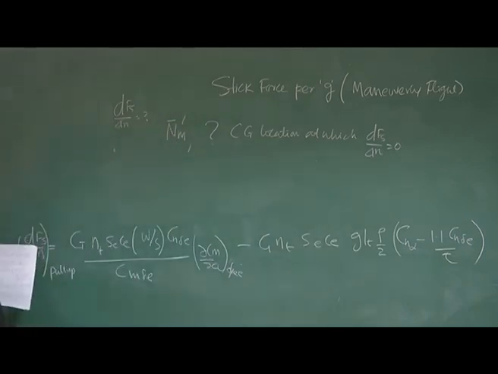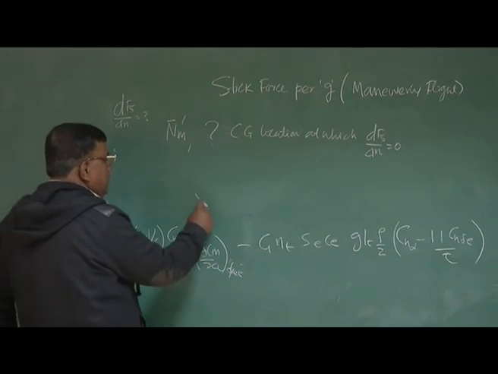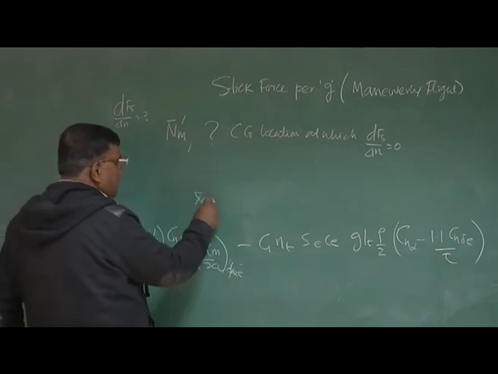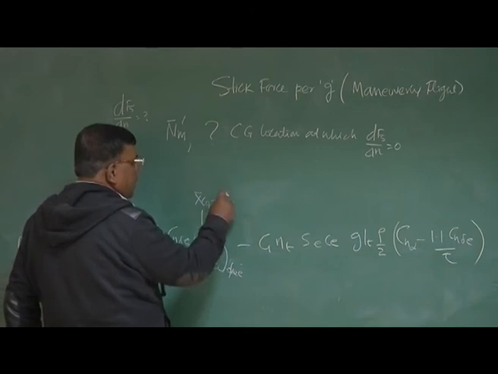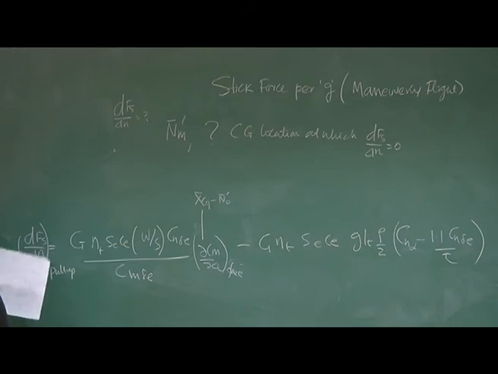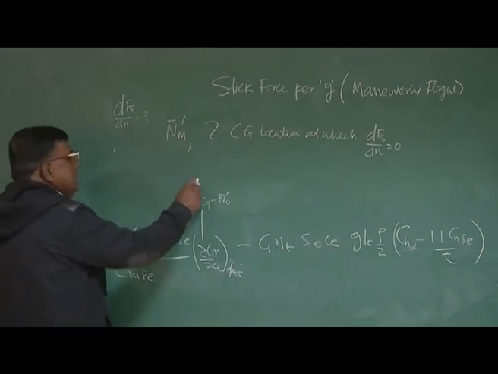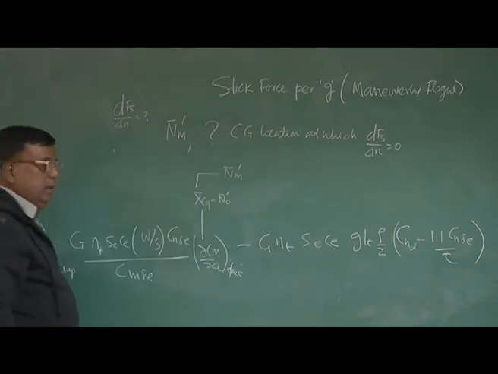So I put 0 here, and I know dCm by dCl is xCg bar minus N naught prime. So if I put dFs by dN as 0, this xCg becomes Nm prime. Is this clear?